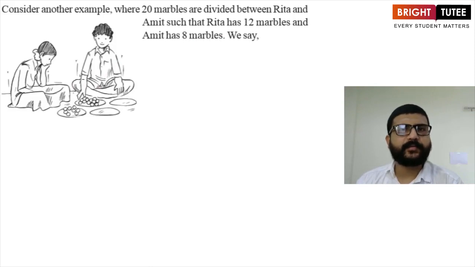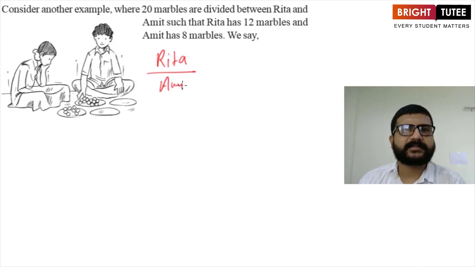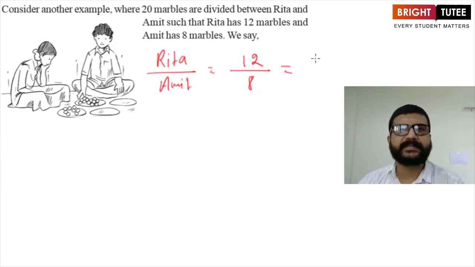We can find the ratio like this: Rita's marbles upon Amit's marbles. It will be 12 upon 8, because Rita has 12 marbles and Amit has 8 marbles. Now if we simplify this, we will get 3 upon 2.